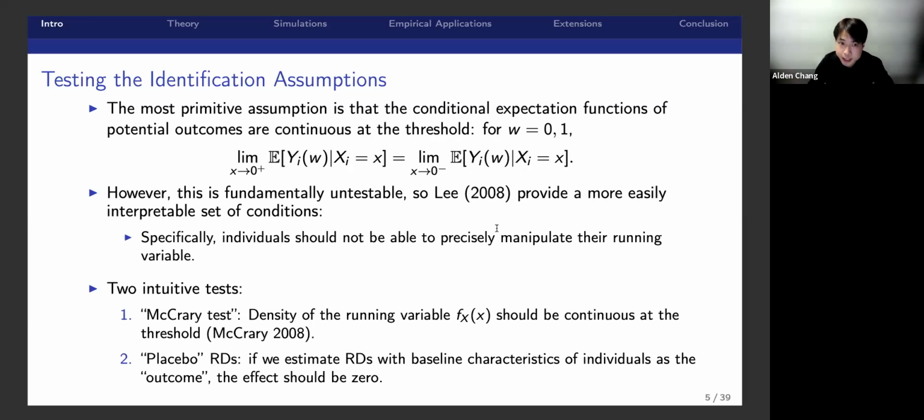Basically, we run an RD design, but instead of the actual outcome variable, we replace it with baseline characteristics of individuals. If the RD design is valid, we should expect the estimated effects to be 0. This is basically testing whether there is sorting at the threshold based on observables.